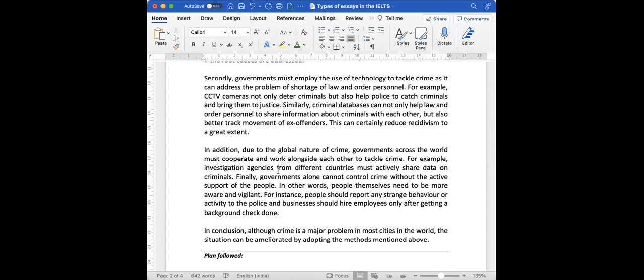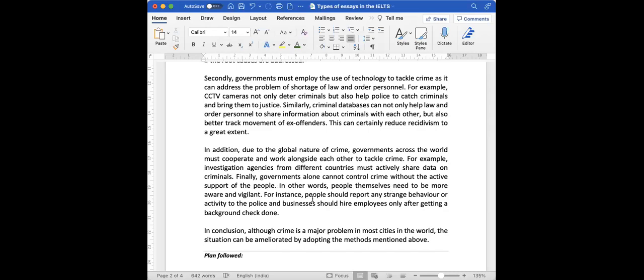For example, investigation agencies from different countries must actively share data on criminals. सारी कंट्रीज के अगर लोग अपनी गवर्नमेंट डेटा ऑन क्रिमिनल्स शेयर करें तो फिर भी क्राइम कम हो जाएगा ना, कर्ब करना इजी हो जाएगा सरकार के लिए, ठीक है? यस मैम। ऐसे ना कोई कंट्री किसी टेररिस्ट को छुपा के बैठी है अपनी कंट्री में और दूसरी किसी कंट्री को आने भी नहीं दे रही कि उसको ढूंढो यहाँ पे, तो वो गलत हो जाएगा ना, फिर क्राइम कैसे कम होएगा, ठीक है?